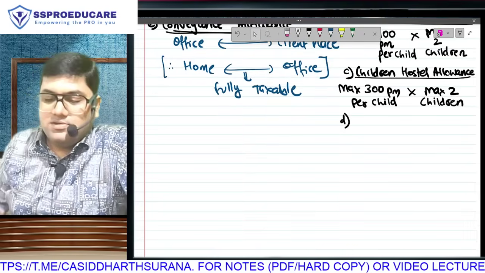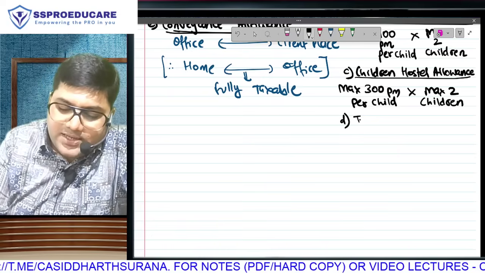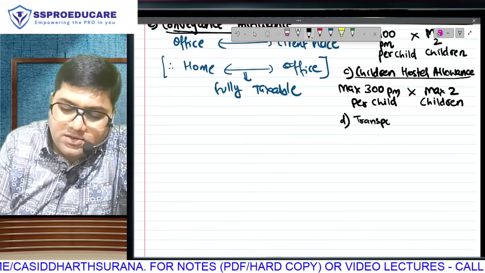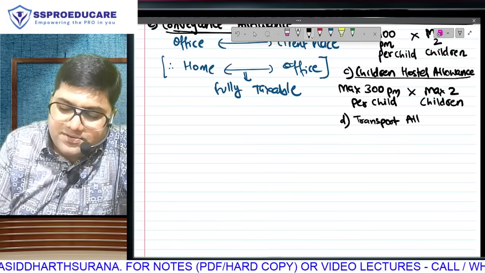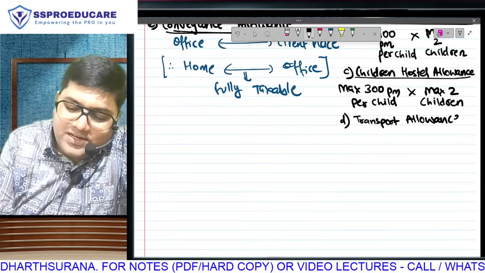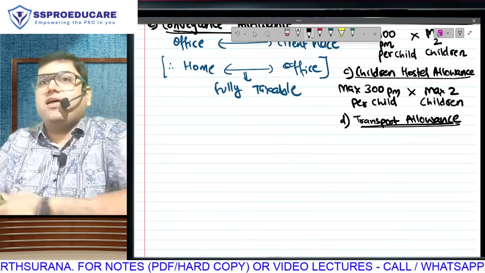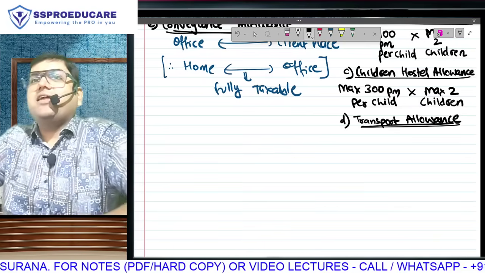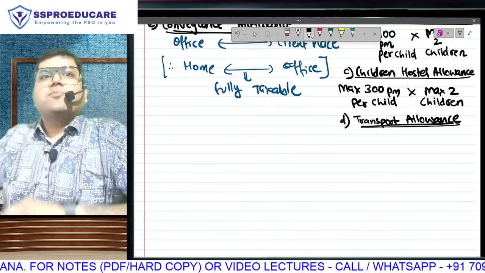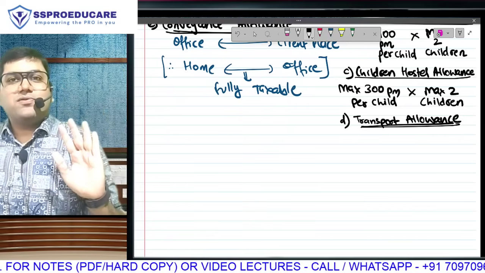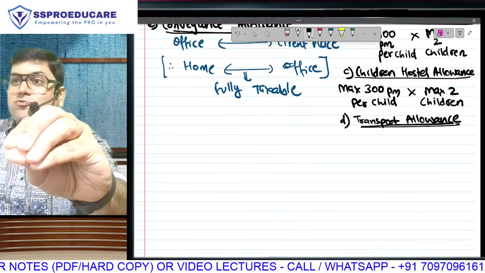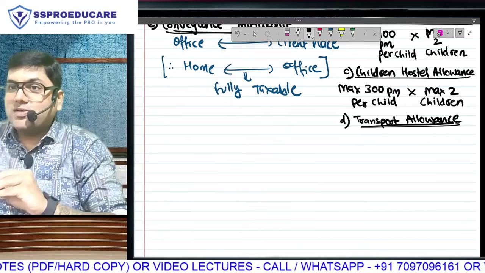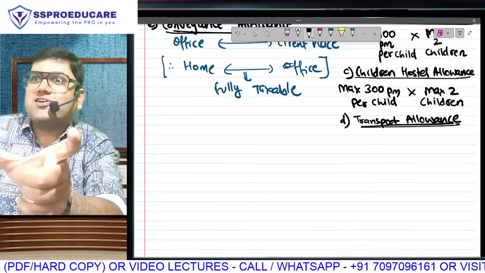Everyone is with me? If you are getting something called transport allowance, allowances are funny to a certain extent in the sense that you can change the name and the tax treatment will change. Supposing your boss is giving you 5,000 rupees. Now he is ready to do that outflow from his pocket. You are getting this money. What to call it?